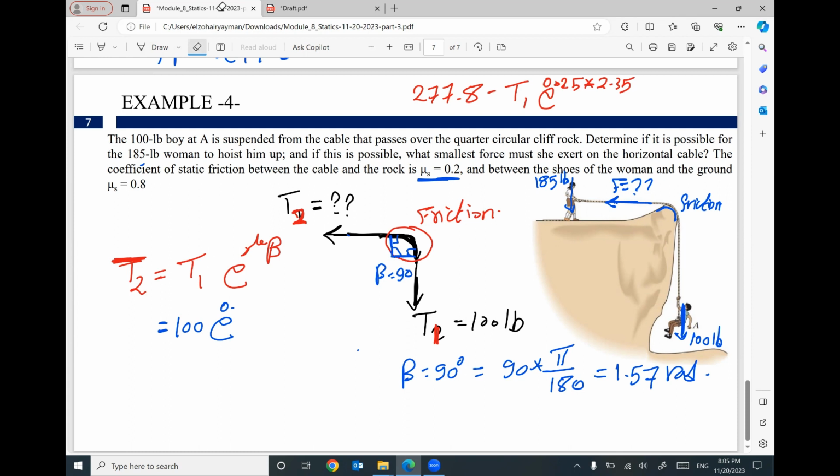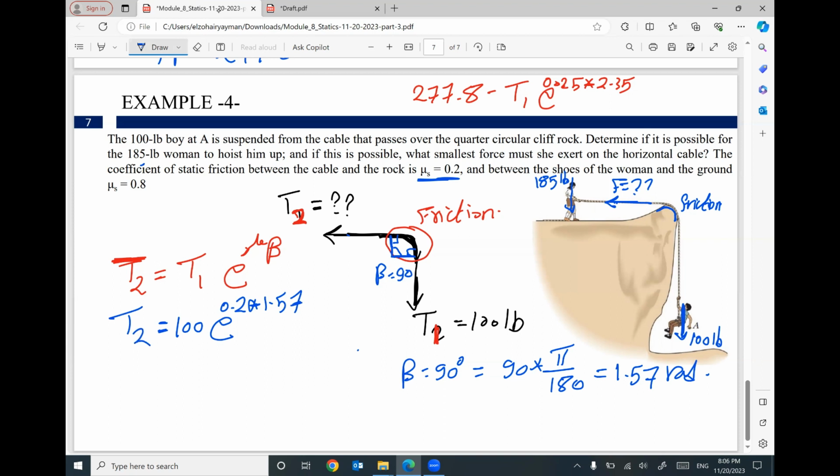But the one I'm going to use between the rope or the cable and the rock equal 0.2. Just a moment. Anyway, 0.2 times beta equal 1.57.